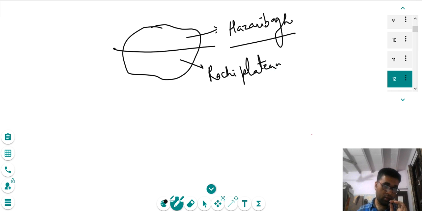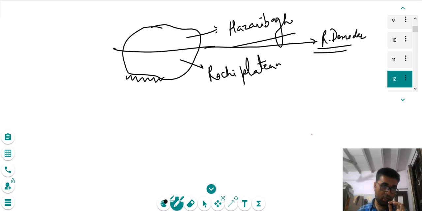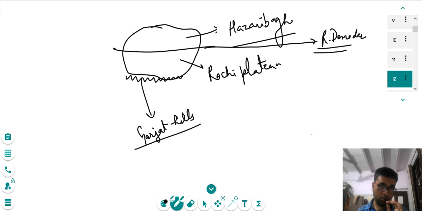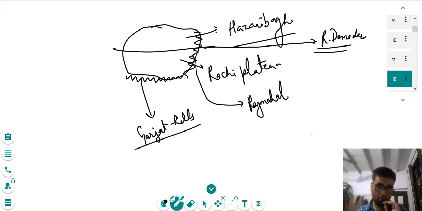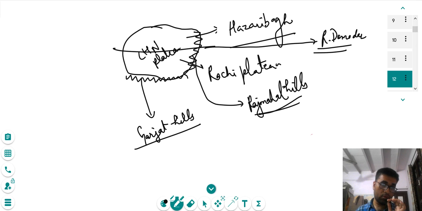And Damodar River separates these two plateaus, right? On the southern side, you have the Gurjat Hills. On the eastern flank, you have the Rajmahal Hills, right? So this is the topography shape of the Chota Nagpur Plateau, right?